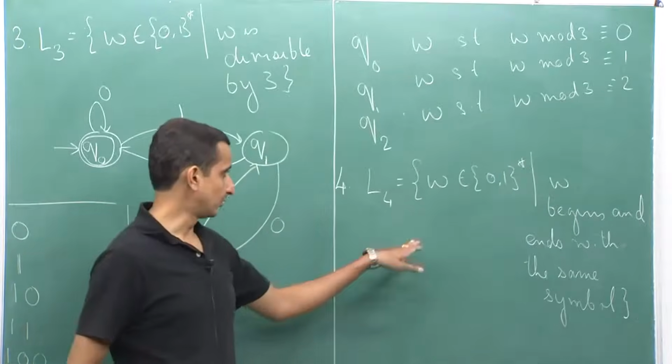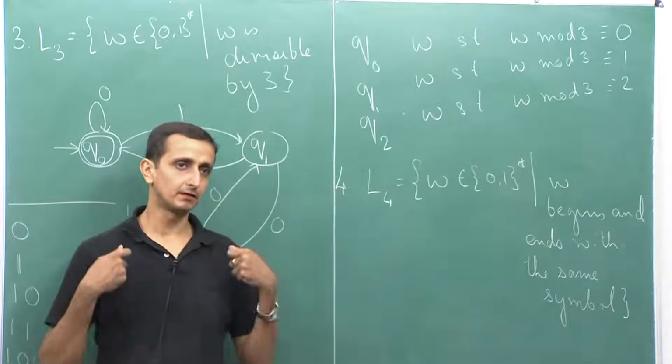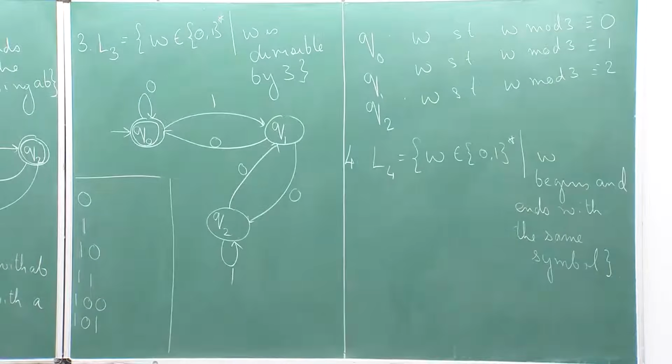Okay. So, I want to look at all those strings whose first and last symbol are the same. So, how do we go about constructing an automaton for the language L4?